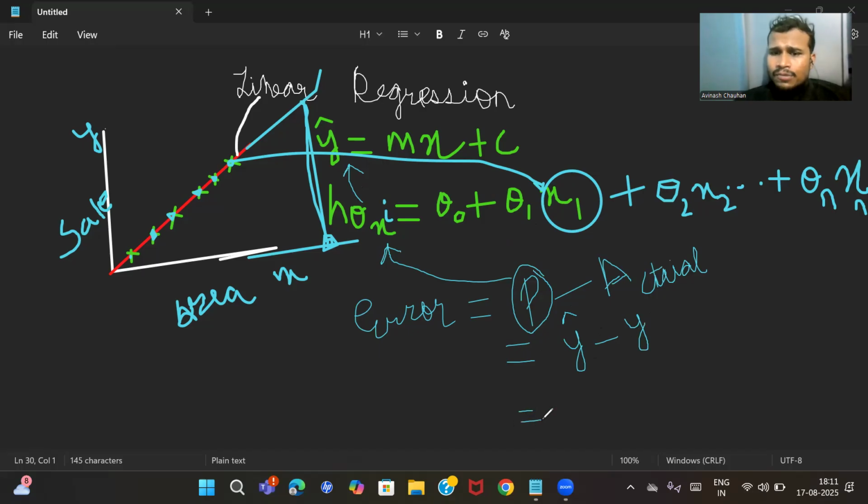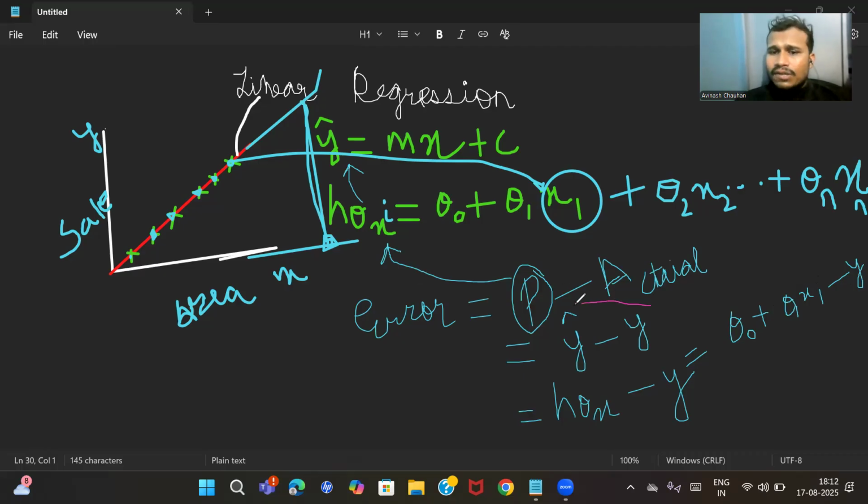Or in other terms, we can write h theta of x minus y, or we can write theta 0 plus theta 1 of x1 minus y, right?